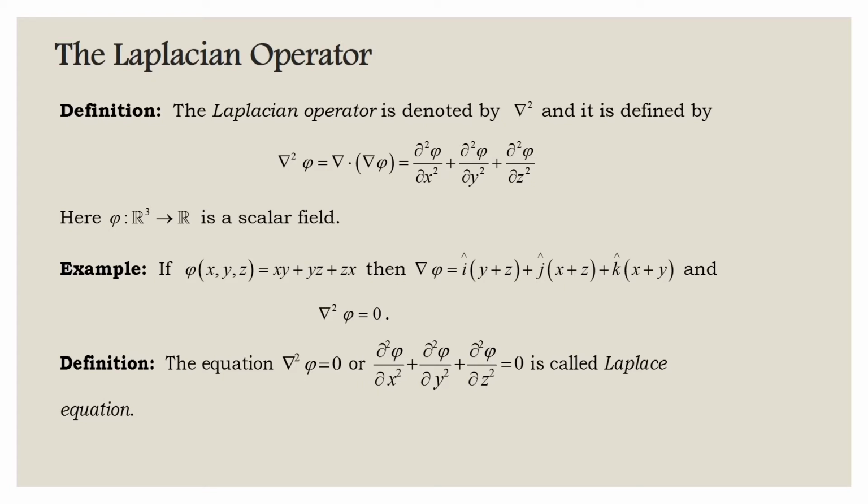So div of this grad phi equals dou phi1 by dou x plus dou phi2 by dou y plus dou phi3 by dou z. In other words, del square phi equals dou square phi by dou x square plus dou square phi by dou y square plus dou square phi by dou z square. If we plug in all these values, we get del square phi equals 0.